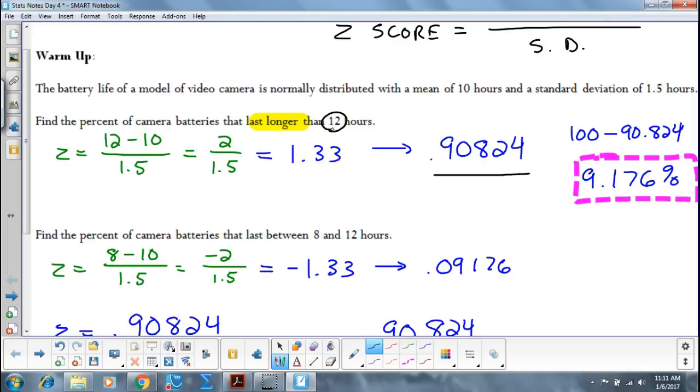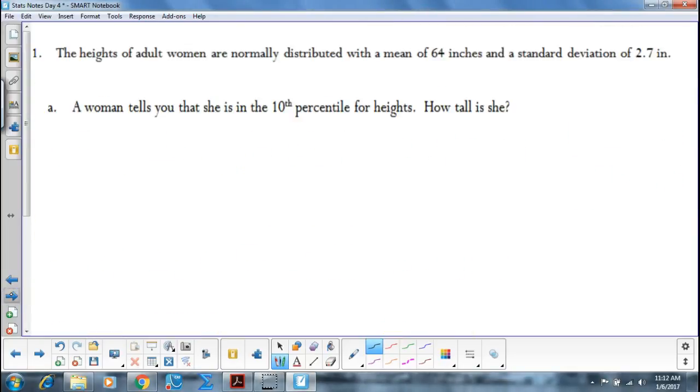Instead of giving you the data point and you giving me the percent, I'm going to give you the percent, you give me the data point. Okay? Same process, we're just backing up. So, in your packet, that's all that's explaining down there at the bottom in method number 1.